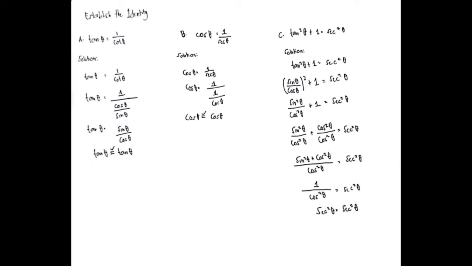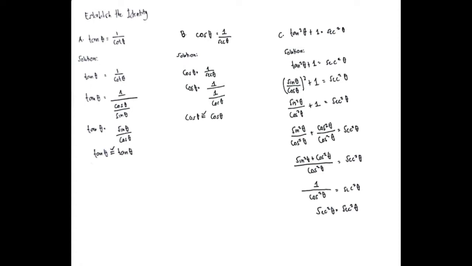The next example is we have cosine theta equals 1 over secant theta. Let's just prove that cosine theta is also equal to 1 over secant theta.